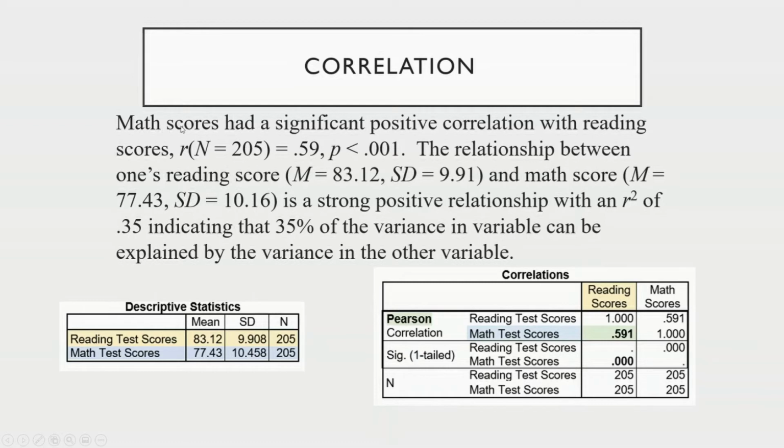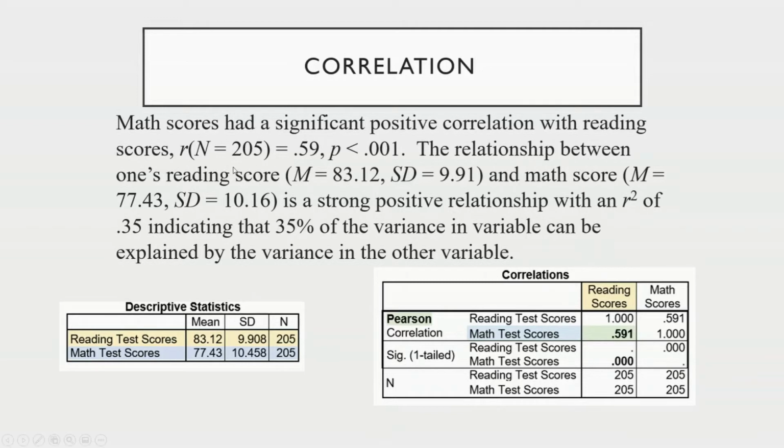And we can write this up. Math scores had a significant positive correlation with reading scores, with an N of 205, r equaling 0.59, with a p-value of less than 0.001.